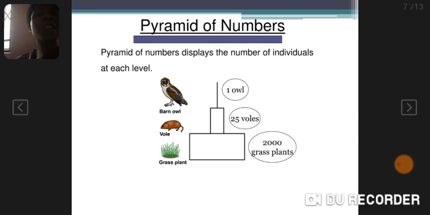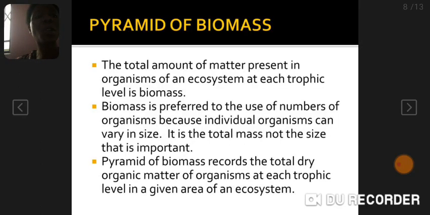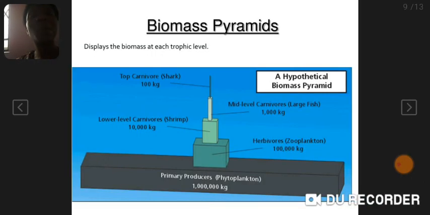So you see that biomass can be derived from the numbers, or the pyramid of numbers. You just weigh them all, and the quantity you derive will then be the biomass of the organisms in that very trophic level.